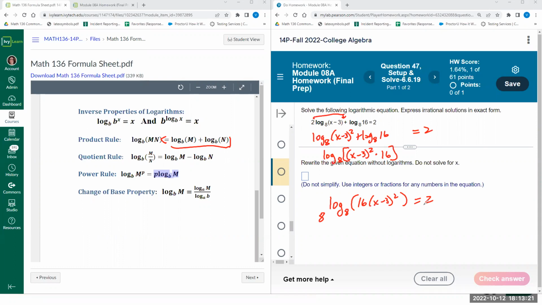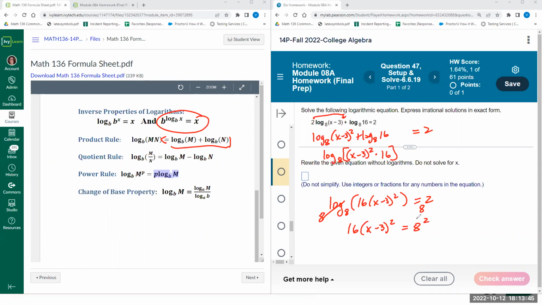So if I apply a base 8 on each side, so I'm using this property that says then the 8 to the log base 8 of whatever is inside the log, that those basically cancel out. I just have the 16 times x minus 3 squared equals 8 squared. So I applied the base on both sides.